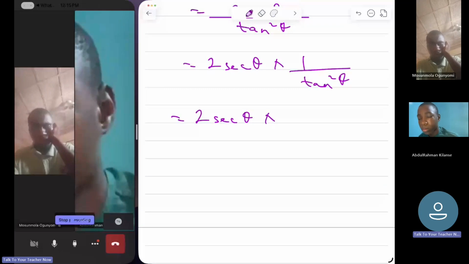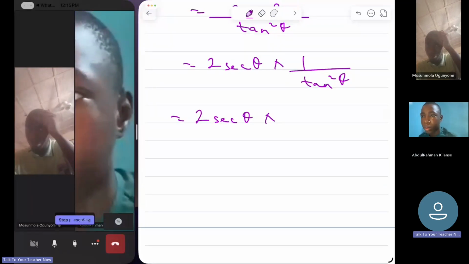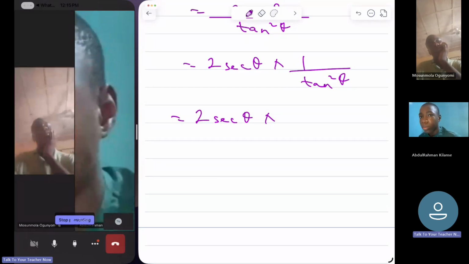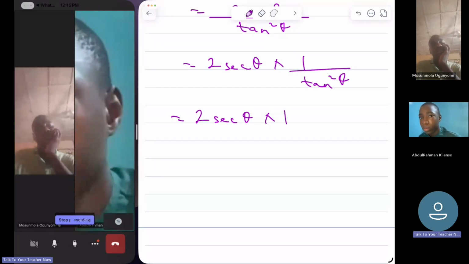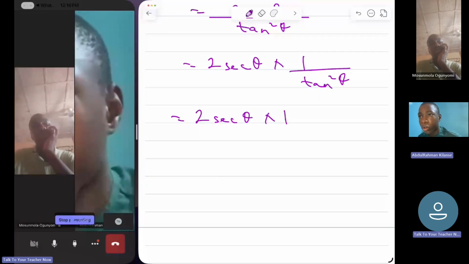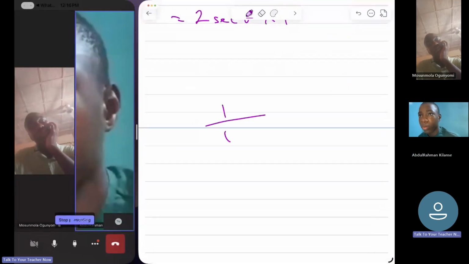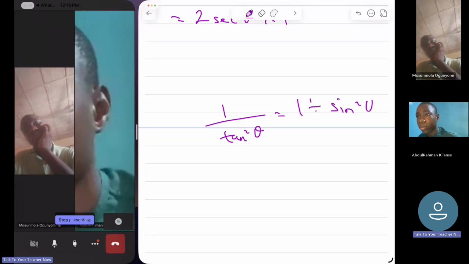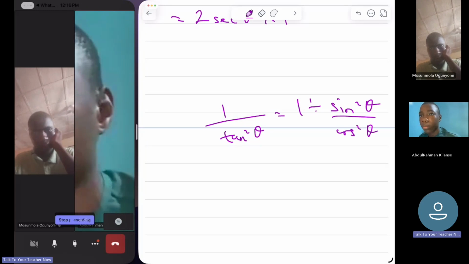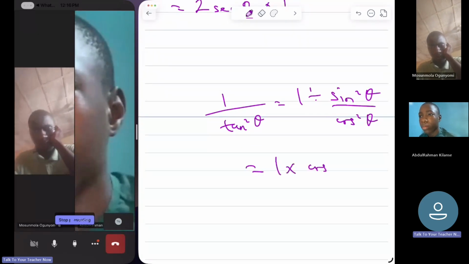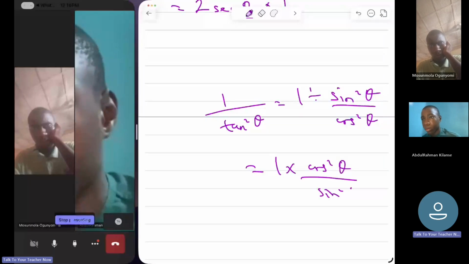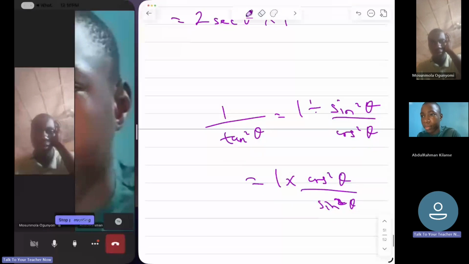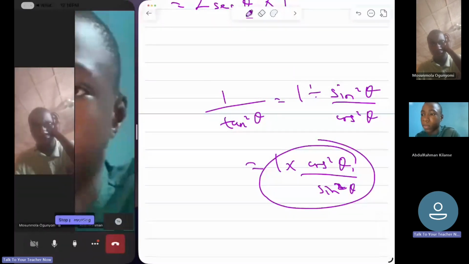So 1 divided by tan square theta simply means 1 over sin square theta over cos square theta, and that will be 1 times cos square theta over sin square theta. So that's what I'm going to write here, which is cos square theta over sin square theta. Is that correct?